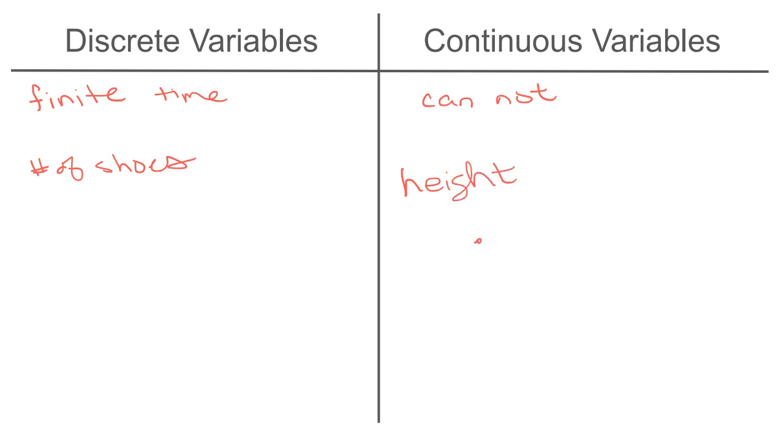So height, I can take out to an infinite number of decimal places, right? So that's what a continuous variable is versus a discrete variable. Discrete variables have specific set values, where continuous variables basically cover every possible value in between.